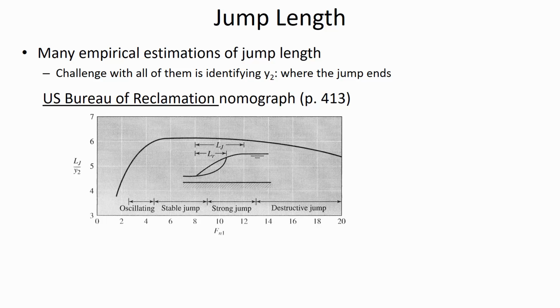So you'd have to calculate the downstream depth based on the Belanger momentum equation, and then multiply the downstream depth by whatever factor you got off of the vertical axis, and that tells you how long the jump is going to be. And it's just an approximation. These are all empirical equations that are subject to some pretty healthy variations when you actually observe it in the field.